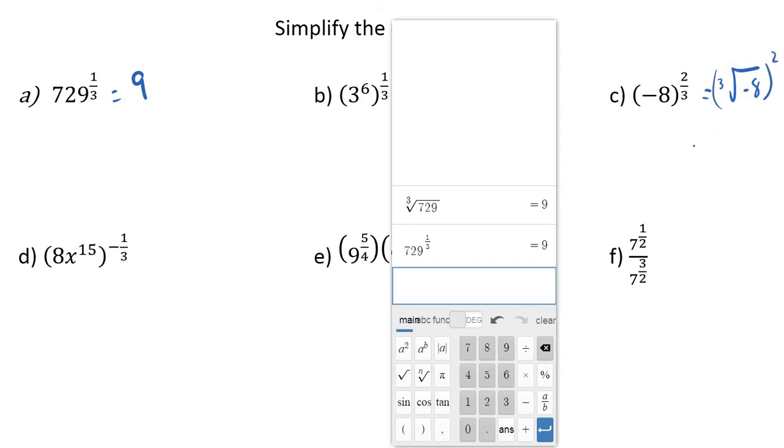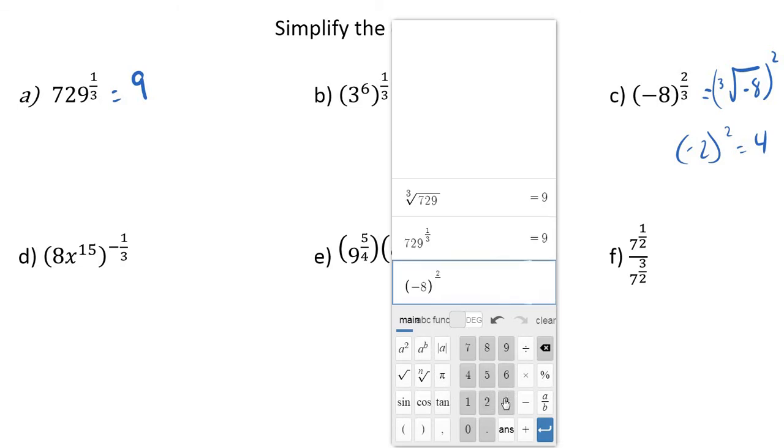Well, what's the cube root of negative 8? That's negative 2. You square it, and you get 4. But again, let's plug that into a calculator real quick just to show you. You could always do this, or certainly you could check yourself. So if I do it, hey, there's our 4, like I just showed you.